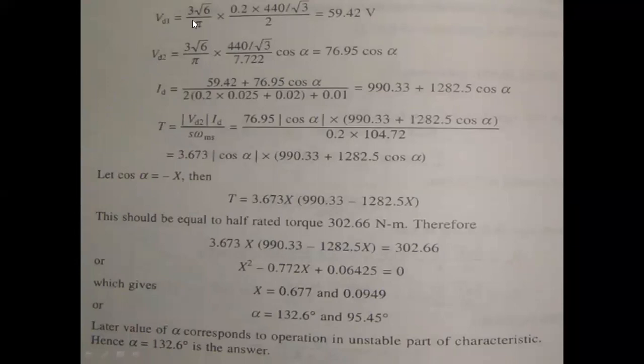VD1 is 3 root 6 by pi and VD2 is 3 root 6 by pi cos alpha, formulas. Because it is having cos alpha, we don't know the alpha, we have to calculate. So remaining, you are getting VD1 is equal to 59.42 and VD2 is equal to 76.95. We will continue the remaining in the next class.